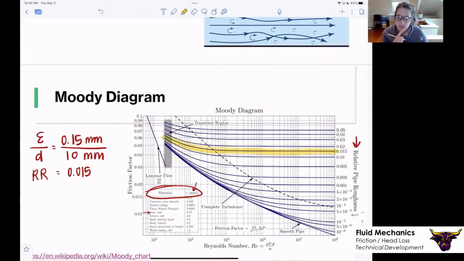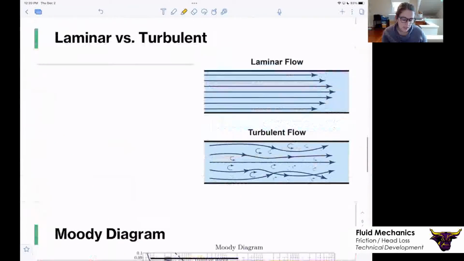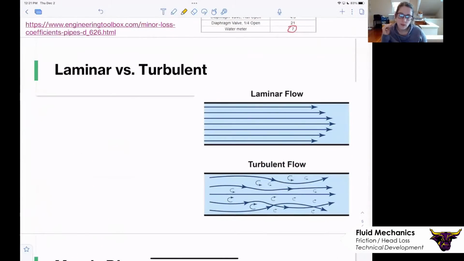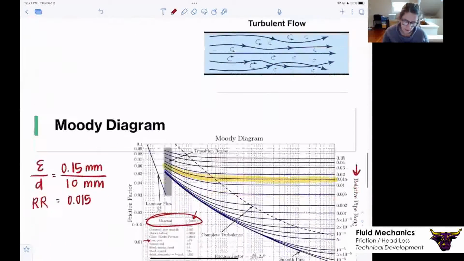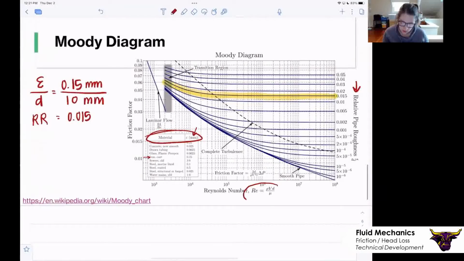And it's telling us what region of flow we're in, which relates to whether we have laminar or turbulent flow. That is told to us by the calculation for Reynolds number.